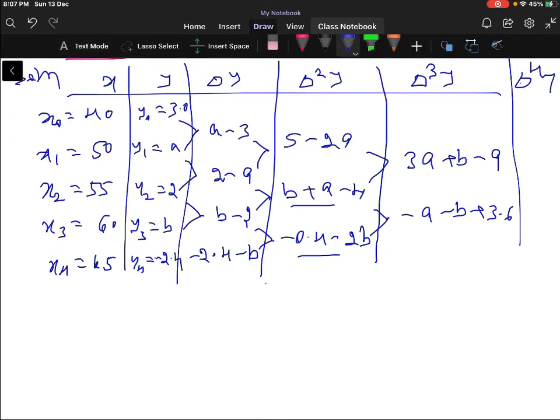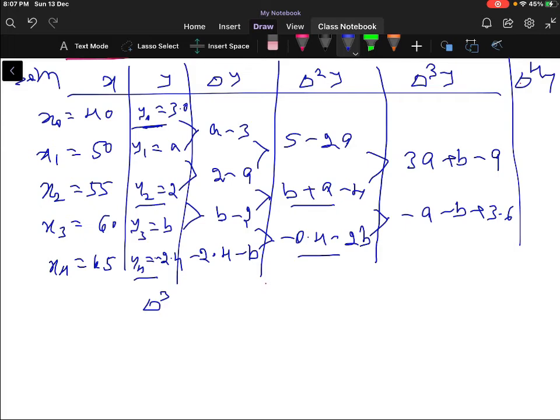You can observe from the table there are 3 values of y given. So y0 is known, y2 is known and y4 is known. Only 3 points of y are given. Therefore we can determine a unique polynomial of at most degree 2.